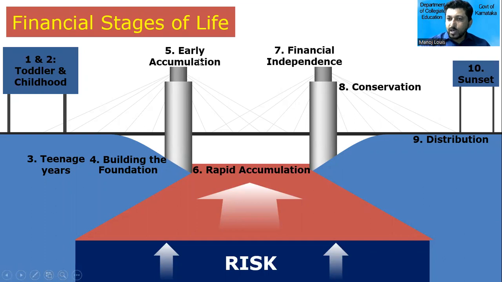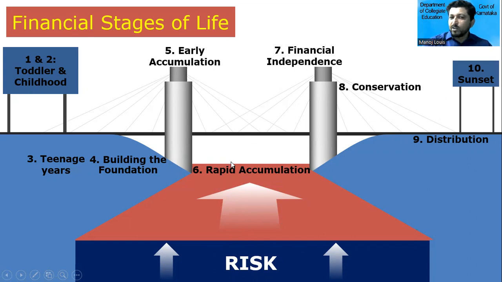And as you start working, or you set up something of your own, there has to happen what is called rapid accumulation. And the big factor that you're going to face from early accumulation to your rapid accumulation period, say from the age of 23 years to 35, 38, 40, 50 years, till you achieve what is called financial independence. And this is a very important concept.